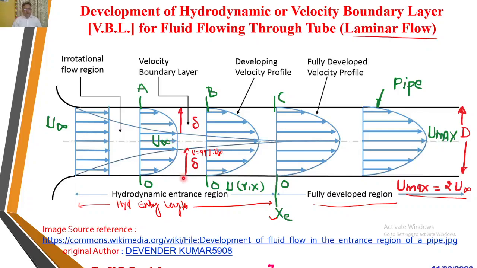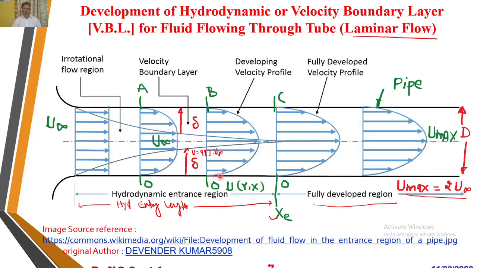Now at a distance y, the velocity gradient is existing. The velocity is 0 at the top surface and velocity is equal to 99% of the free stream velocity, and this distance is called as velocity boundary layer thickness.